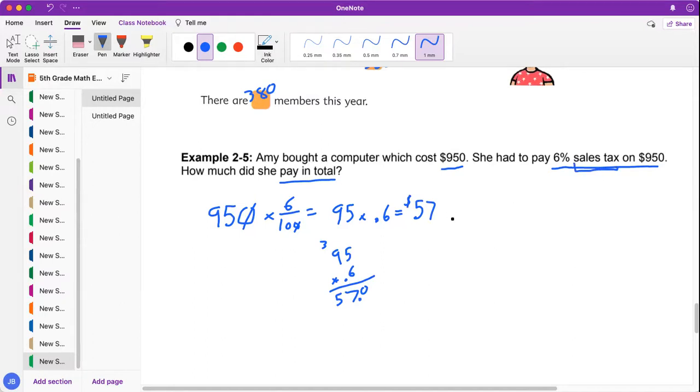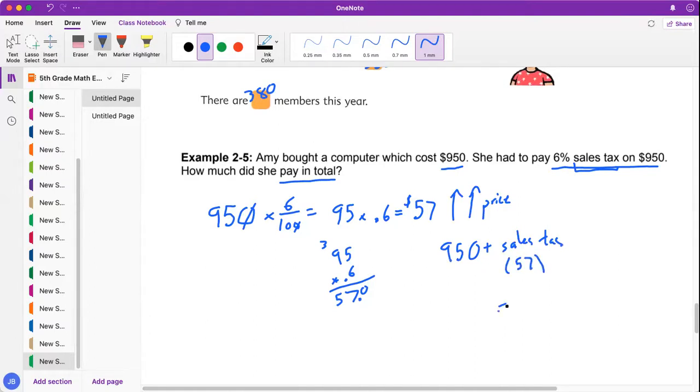And you all told me that this makes the price go up. So we can take our 950, we'll add our sales tax, which is $57.